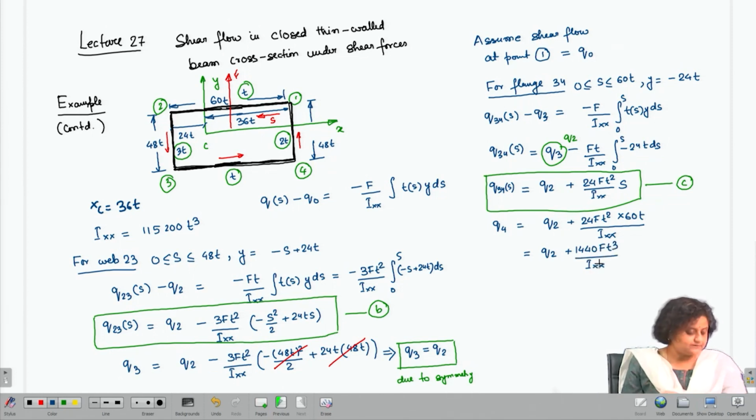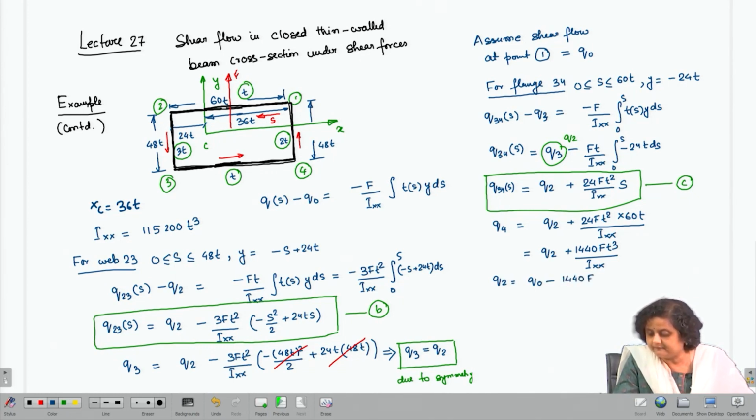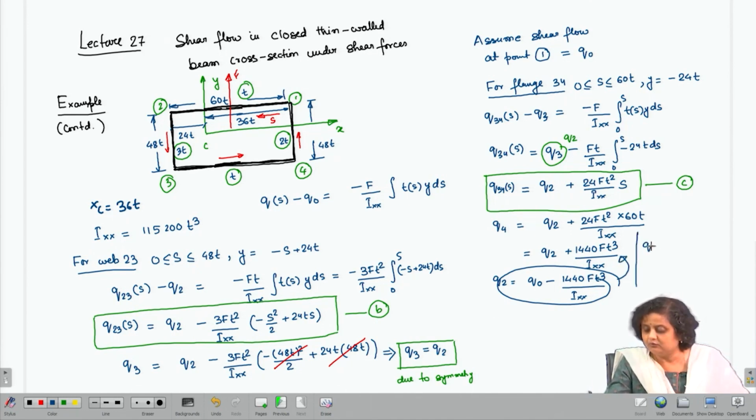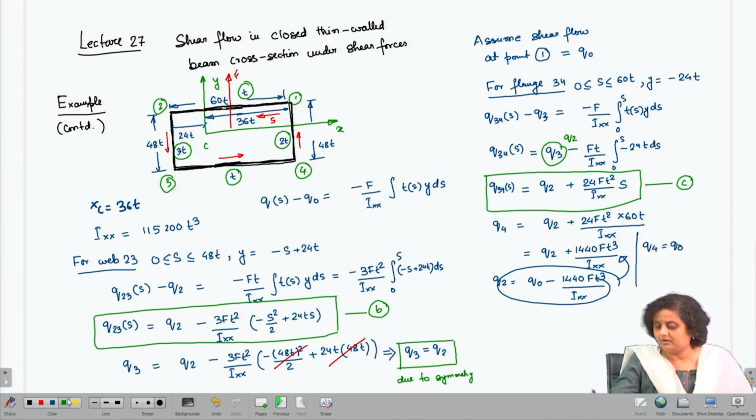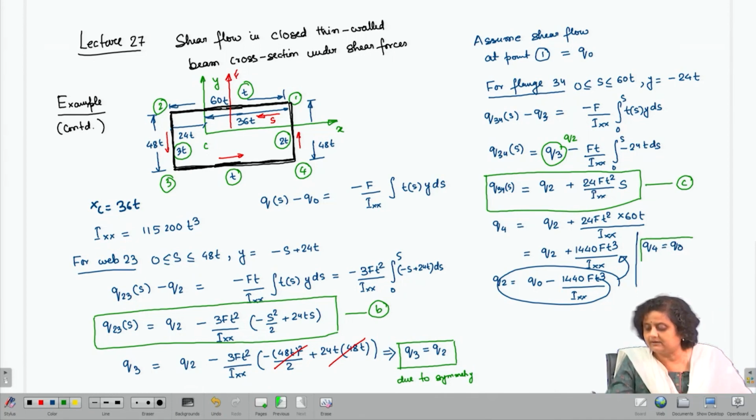Now, from the previous expression, we have seen that Q2 is nothing but Q0 minus 1440 Ft cube by Ixx. Now, if we substitute this into this expression, we will be getting that Q4 is basically equal to Q0, which is also correct due to symmetry.